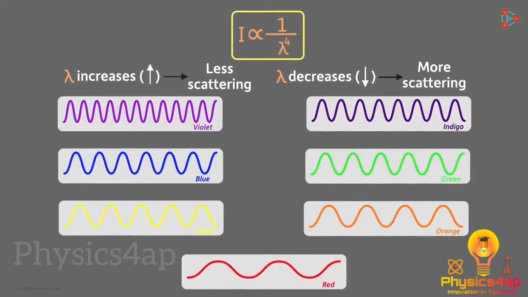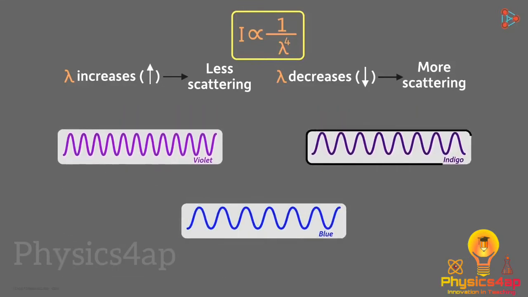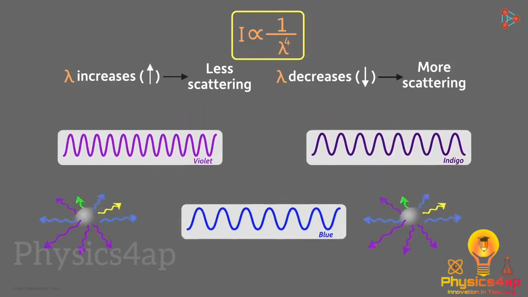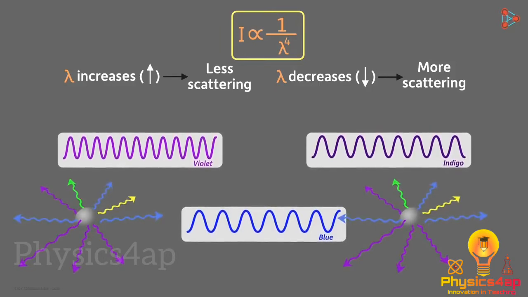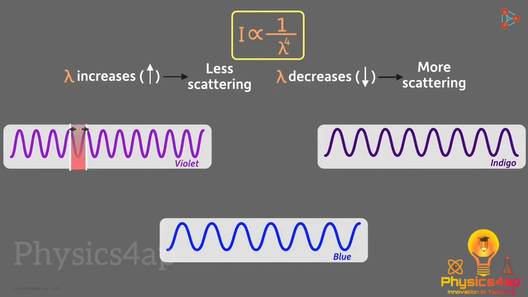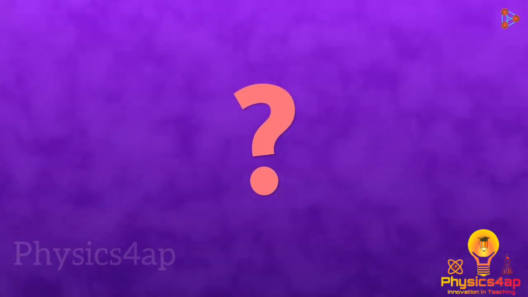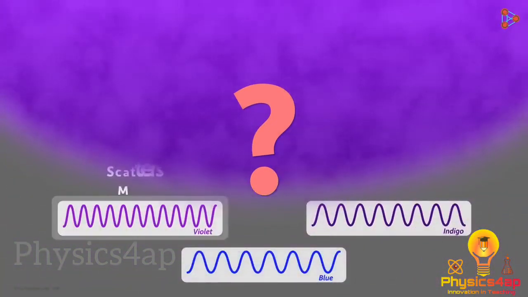Can you tell me which one has less scattering and which one has more scattering? Yes, violet has less wavelength, so it scatters more. So we have violet, indigo and blue, and they re-emit in all directions due to the presence of the molecules. But why do we see the sky as blue? Violet also has less wavelength, so why can't we see the sky as violet?